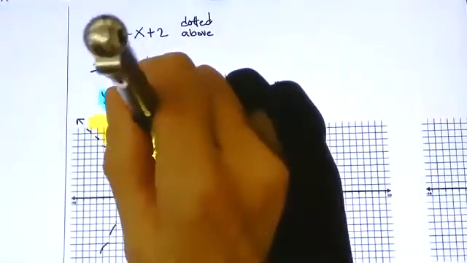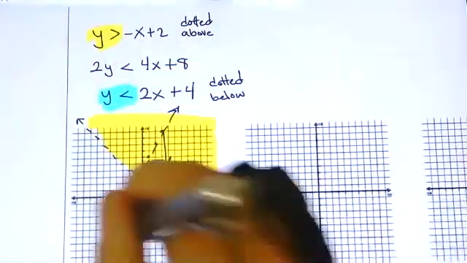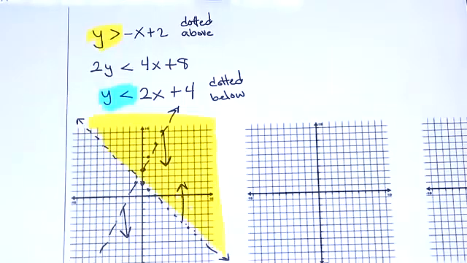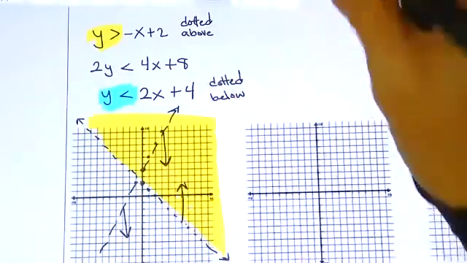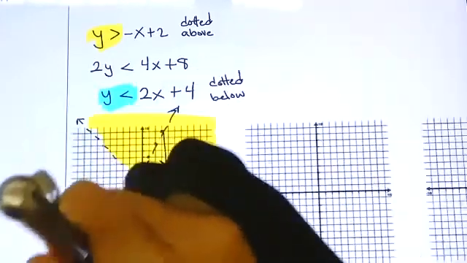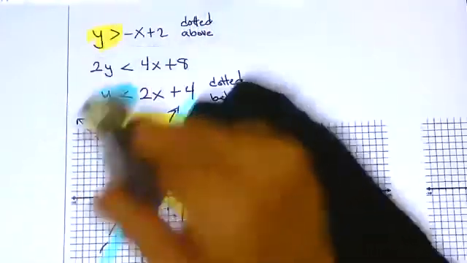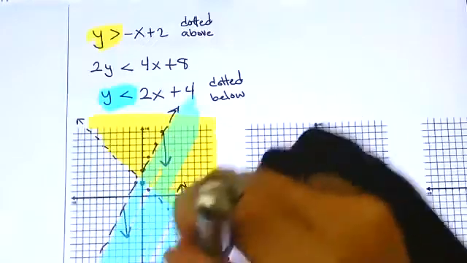I'm going to shade below. So what does below mean? It means go down. So I'm going to shade this region down here. So in teal, I'm going to shade everything below that one.